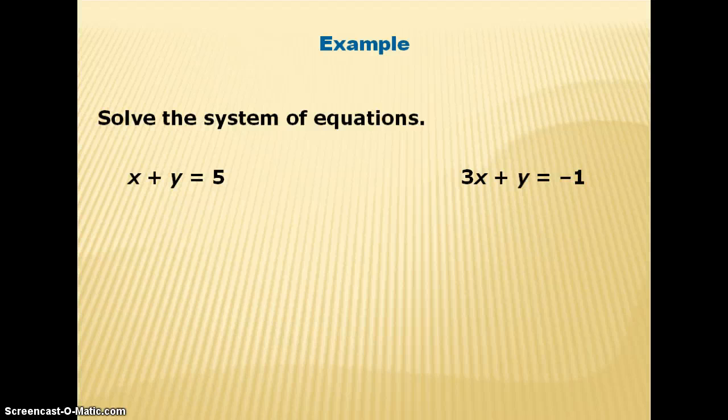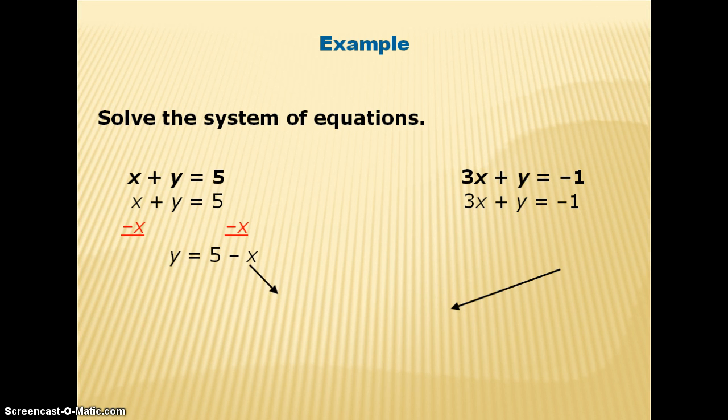Let's try another one. x plus y equals 5, 3x plus y equals negative 1. You could choose either one of these to solve, so let's just take the first one and solve for y this time. So we subtract x from both sides to get y equals 5 minus x. That means in the second equation we'll be replacing y with 5 minus x.